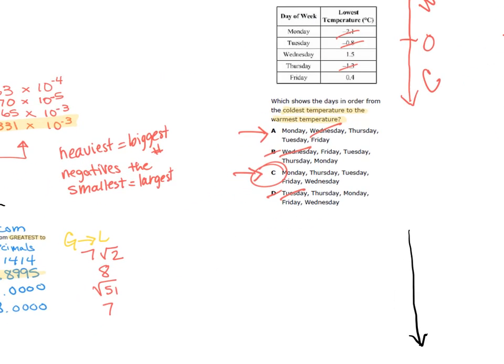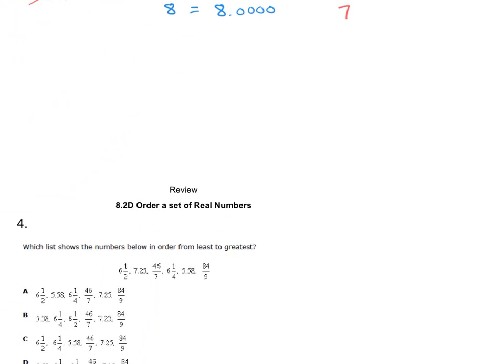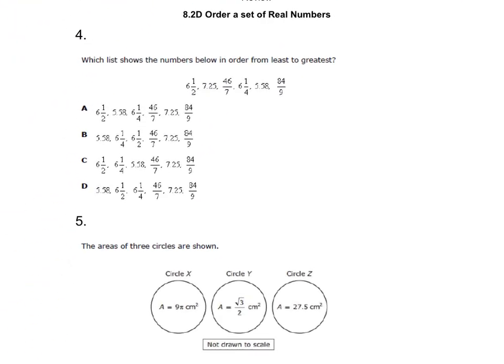Okay, let's go over here to number 4. Which list shows the numbers below in the order from least to greatest? So least to greatest. This helps me remember when I write it or when I think it. Okay, so I have to do some conversions.